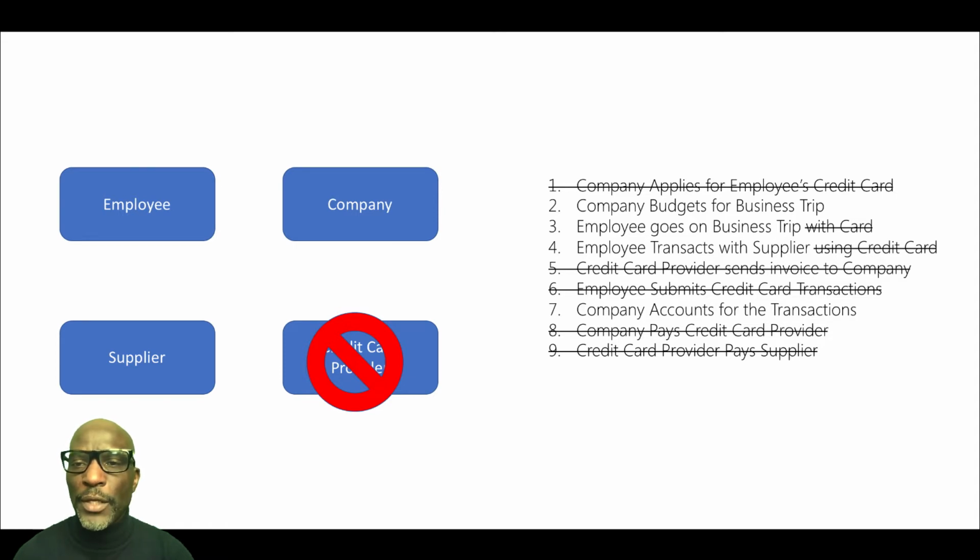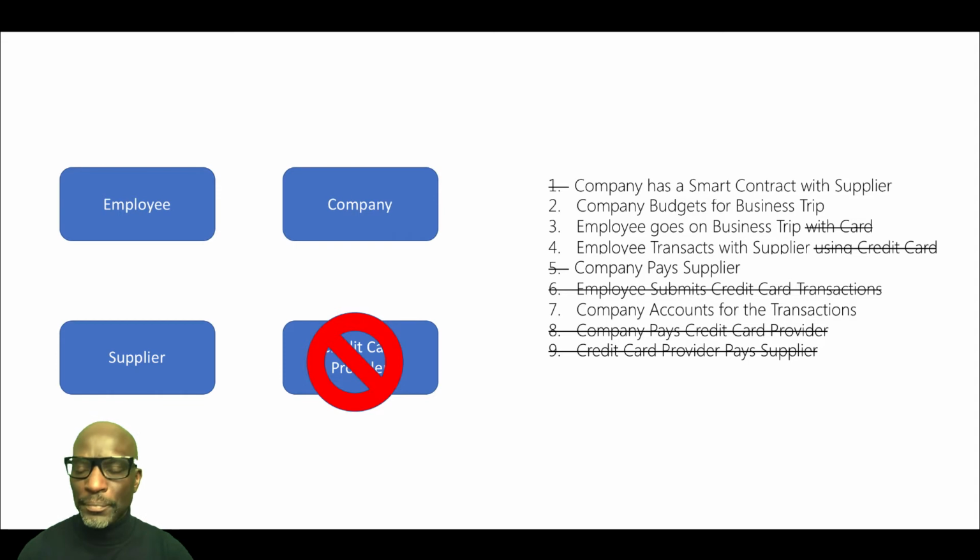So we don't need the company applying for the employee's credit card. So that's now replaced by company having a smart contract directly with the supplier. And when the employee transacts with the supplier, what then happens is the company pays the supplier directly and in real time.